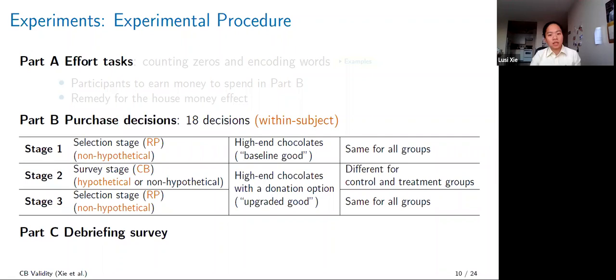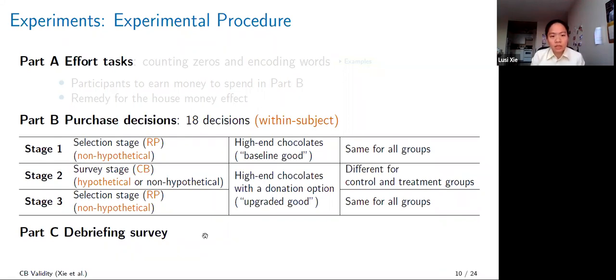And stage 2 is the survey stage. So that is to mimic SP surveys. And some of them are hypothetical and some of them are not hypothetical. And so with this within subject design, you can see RP, CB, RP responses that mimic the CB surveys or convergent validity assessments with CB survey data.